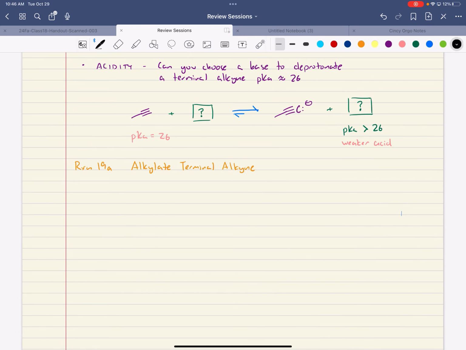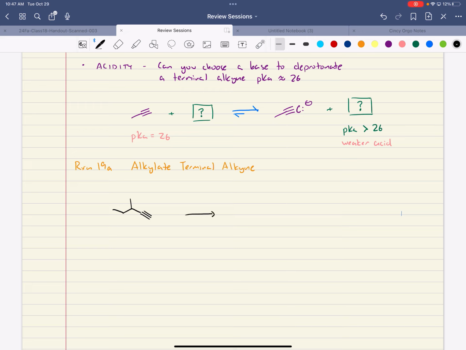How about this alkyne? Terminal. Make sure, I'm trying to emphasize this in lab, make sure the 3 lines try to end at the same place. Arrow.